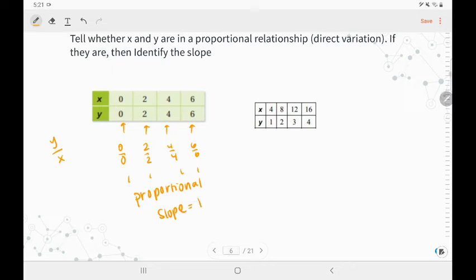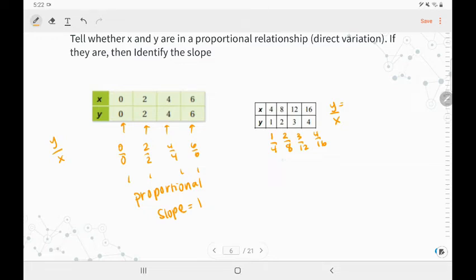Alright, is this next one? So remember, I'm going to take y divided by x. So 1 over 4, 2 over 8, 3 over 12, and 4 over 16. Now they all look different, but if they all reduce to the same thing, then we're good.